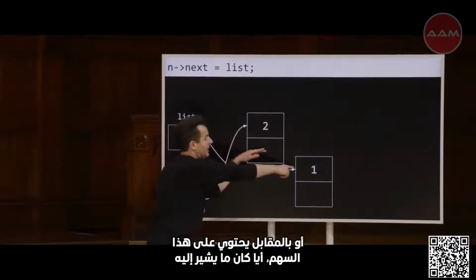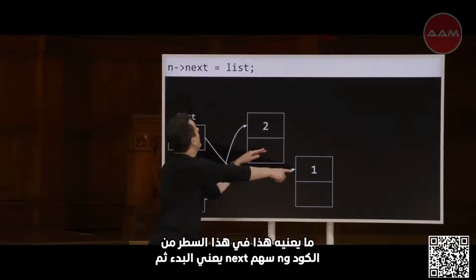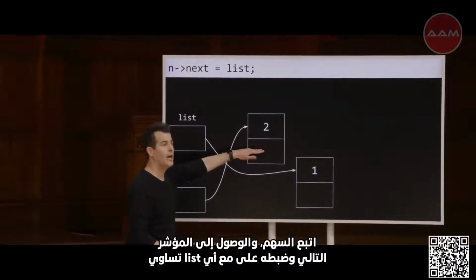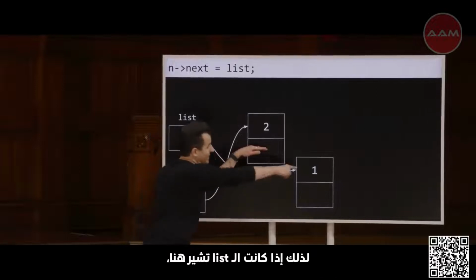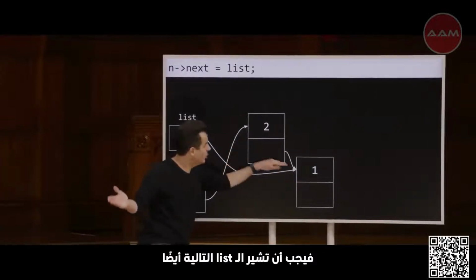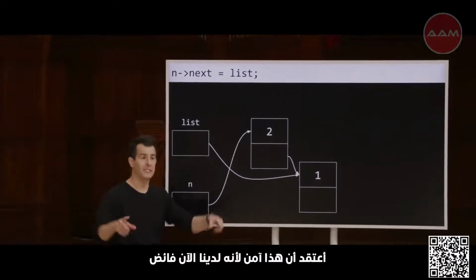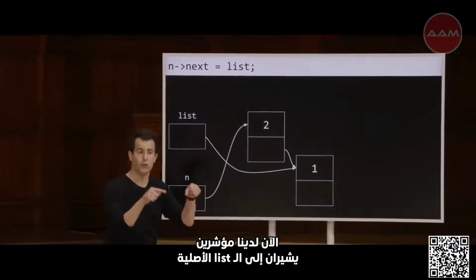Or, equivalently, it contains this arrow, whatever it's pointing at. So what this means in this line of code, n arrow next means start at n, follow the arrow, access the next pointer, and set it equal to whatever list equals. So if list is pointing here, then next should point there as well. This, I think, is safe because now we have redundancy. Now we've got 2 pointers pointing at the original list.